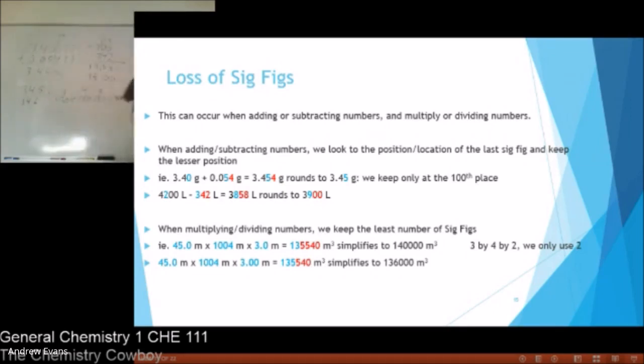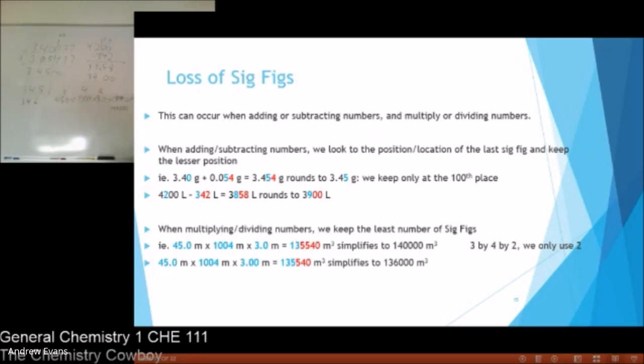But because we used a 2 sig fig number, we can only reliably report the first 2 sig figs. So that means we can only report those 2 digits. 135,540 rounds up to 140,000. That's all we can report because we have a 2 sig fig digit.